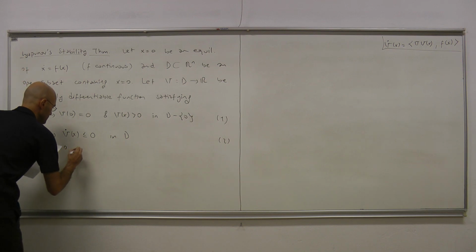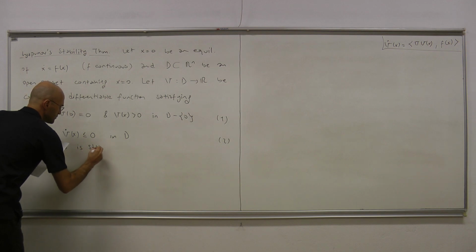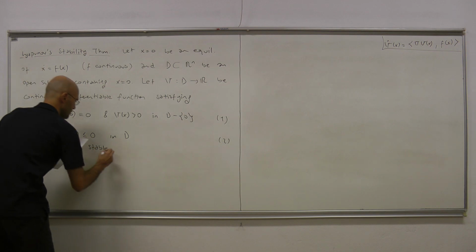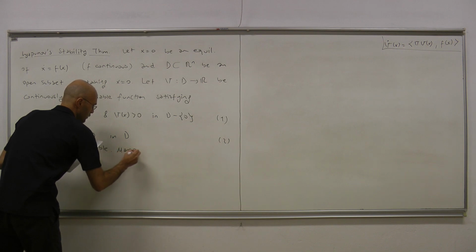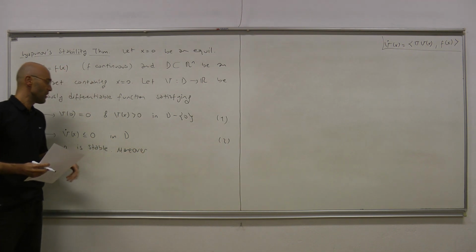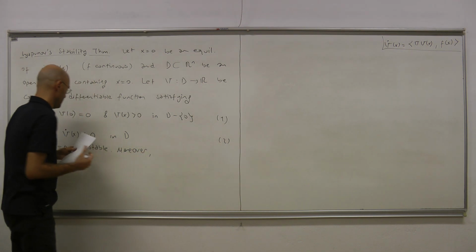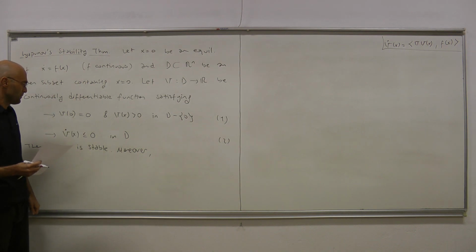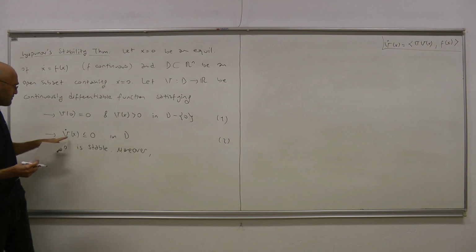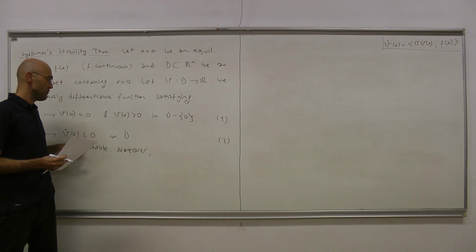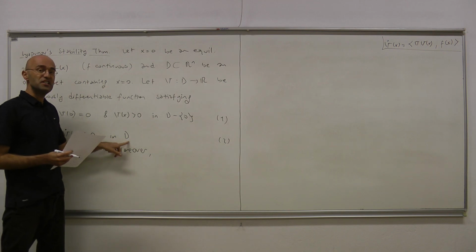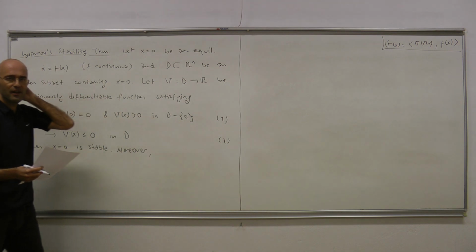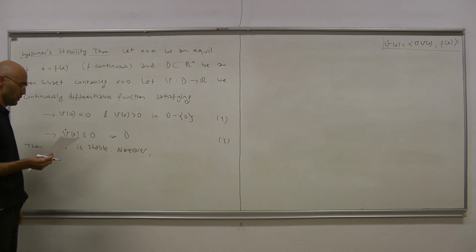Is stable. Okay. Furthermore, if you can strengthen this condition into that V dot is strictly negative at all points in D except the origin, then you have asymptotic stability of the origin.